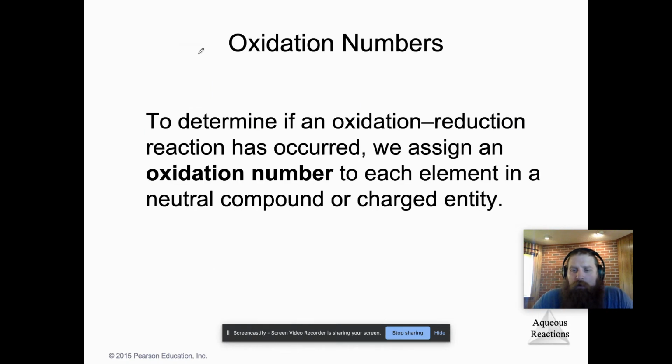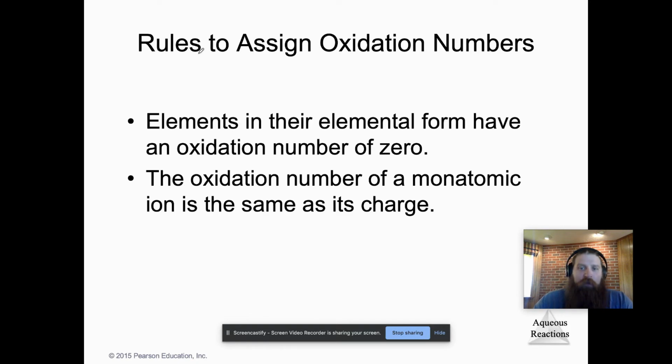So in order to do redox, you have to know how to assign oxidation numbers. Now, we did oxidation numbers last year, and oxidation numbers basically account for the charges inside neutral or charged molecules. So there are some rules for this, all right? Number one, in the elemental form, so a pure element, an atom has an oxidation number of 0.